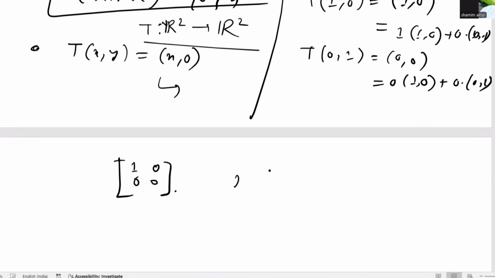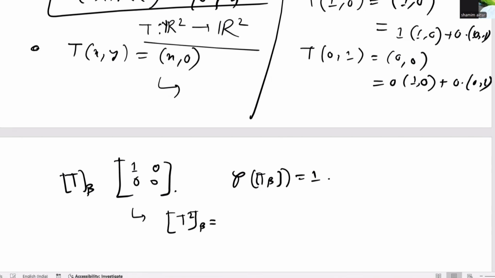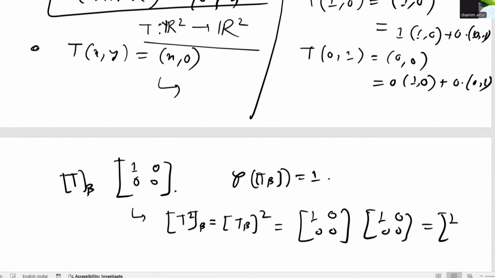Suppose this matrix is T beta. The rank of T beta equals 1. Now T square beta is T beta whole square, which is the matrix with rows (1,0) and (0,0) multiplied by itself, giving again rows (1,0) and (0,0). So the rank of T beta whole square is also equal to 1.